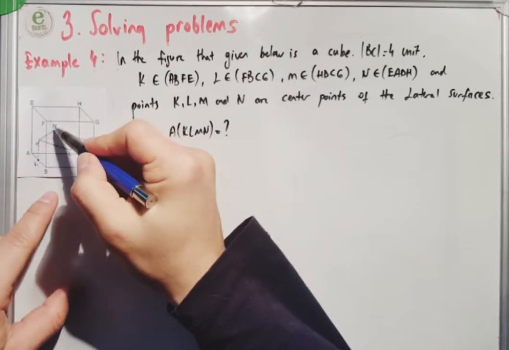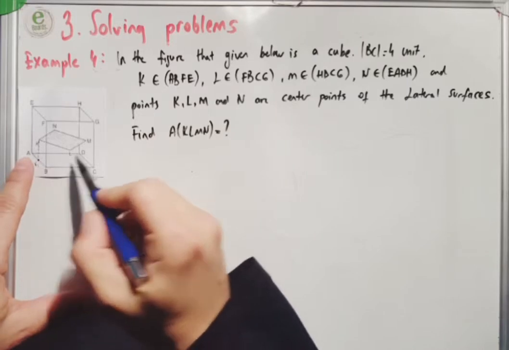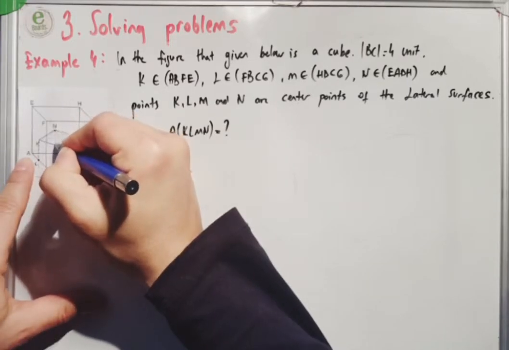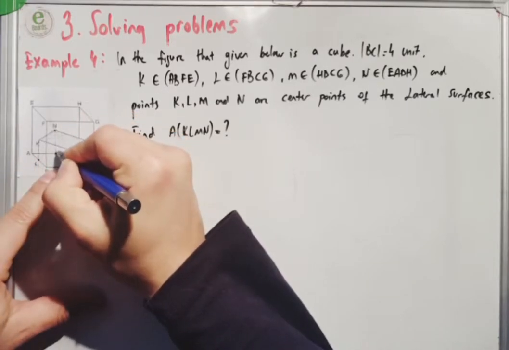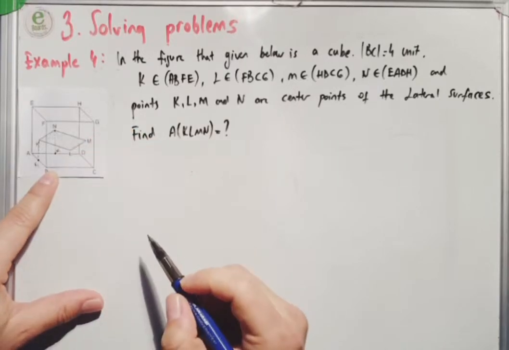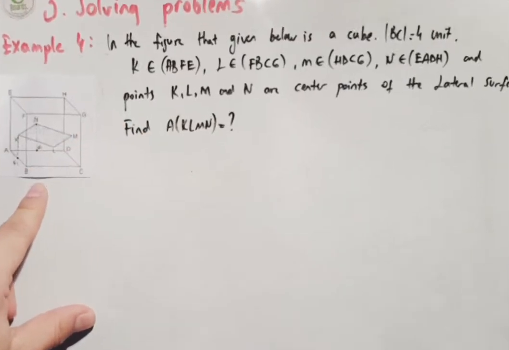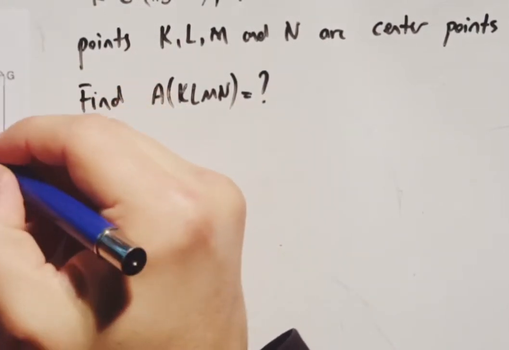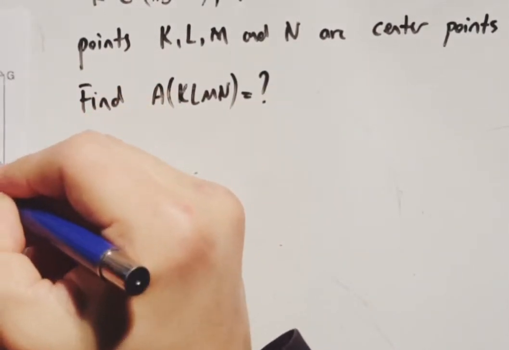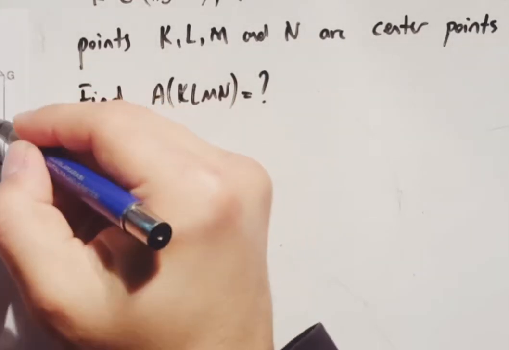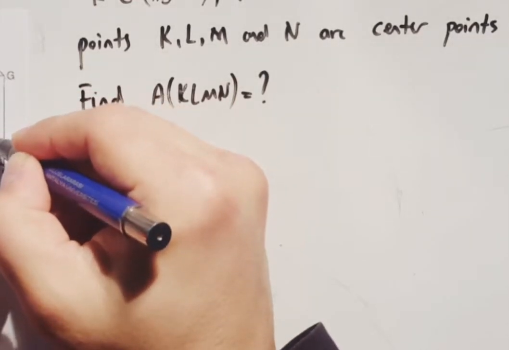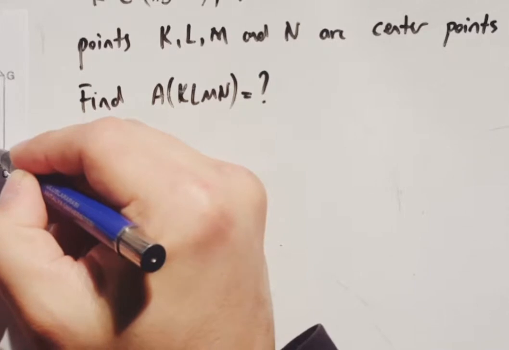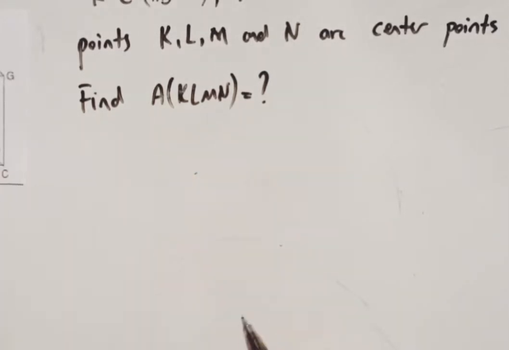The projection point of N is the midpoint of AD, N1, and the projection point of L is the midpoint of BC. For M, we will have the midpoint of CD. Okay, so ABCD is a square.